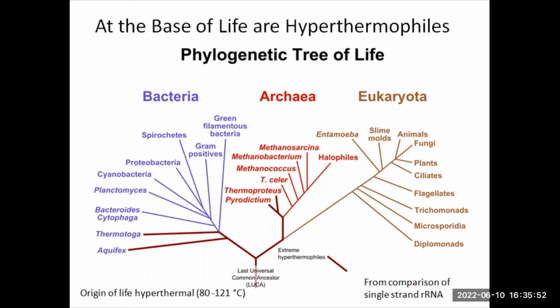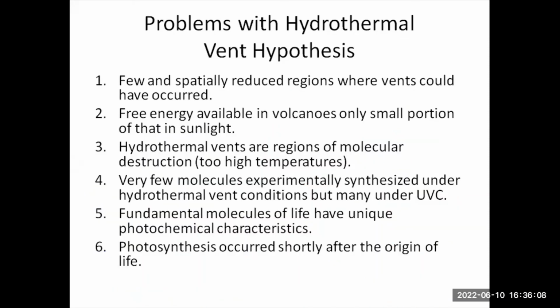So this fact is good for both our theory and for the hydrothermal vent theory, which is predicting that life started at high temperatures. So this is some evidence that our theories are plausible. Okay, now I'm going to present some of the problems with the hydrothermal vent hypothesis of the origin of life.